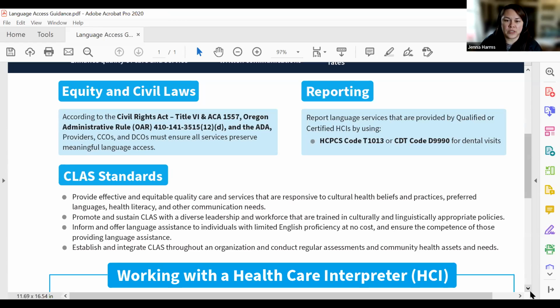And then also how, as an organization and as a health system, we regulate and ensure that the policies, practices, training, and all of the different activities that happen to ensure language access are being reviewed and assessed on a regular basis to make sure that we're meeting those needs.